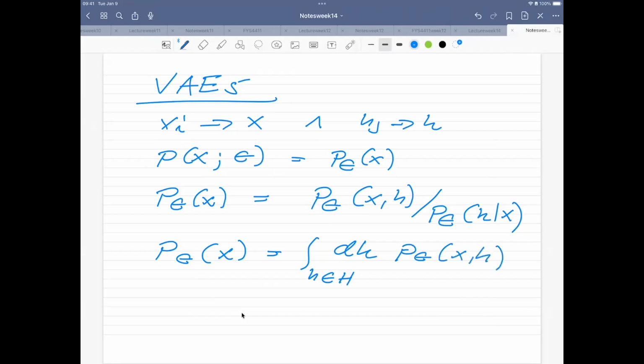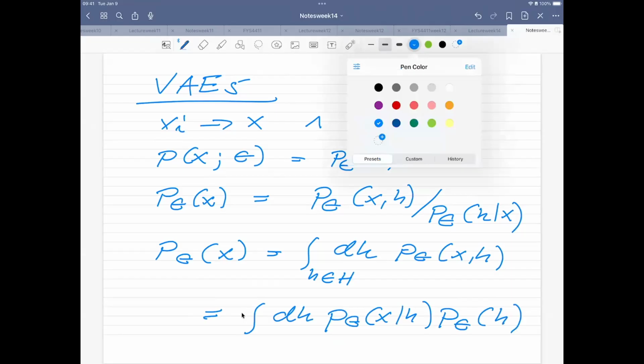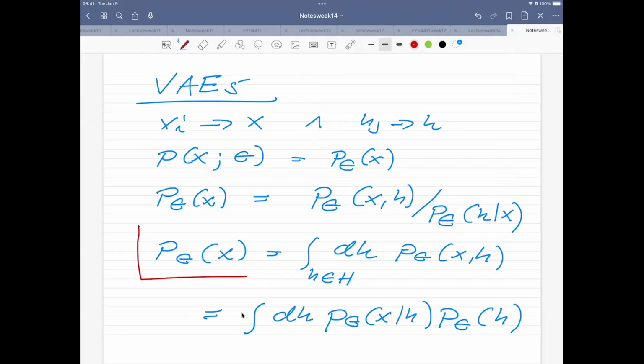And that means that if I use the product rule, I can rewrite this as an integral over dh of p_theta, the conditional probability, multiplied with the probability p_theta of h. So we are going to make models for this in order to be able to train. The final quantity, this one, is the one we want to obtain.